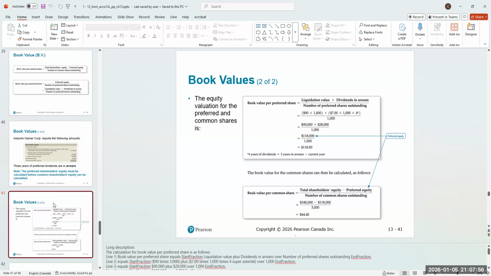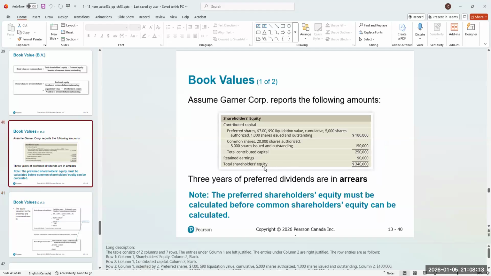Now, the tricky part here is that I already have my preferred equity, which is liquidation value plus the dividend in arrears. That's 118,000. Now I can deduct that from the total shareholders' equity. Total shareholders' equity is not the total contributed capital. Don't get me wrong here. This is the total of everything contributed plus the retained earnings.